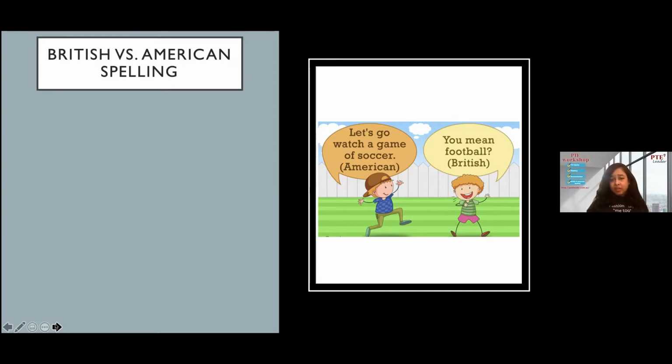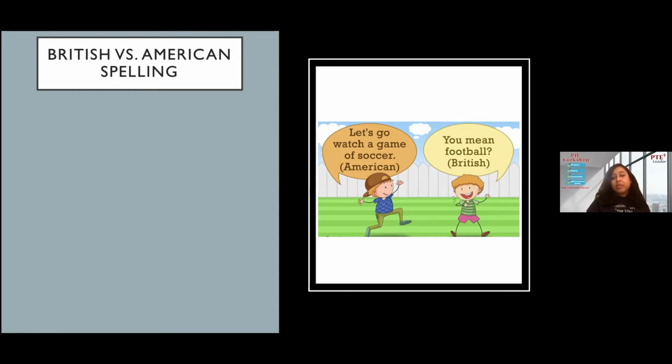On the slide, there's a picture. An American person says, let's go watch a game of soccer, and the British person says, you mean football? Both words, soccer and football, are English, but because of our different countries and the way we speak and use language, it's different, even though it means the same game.